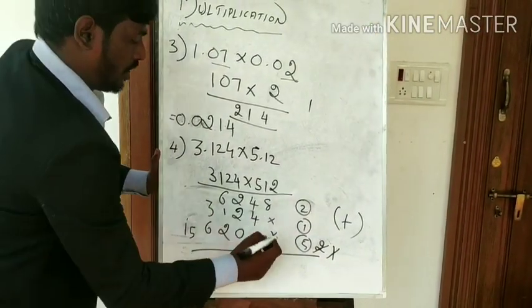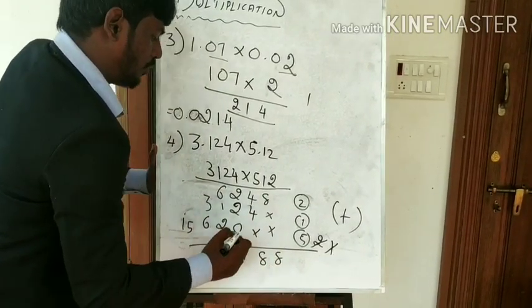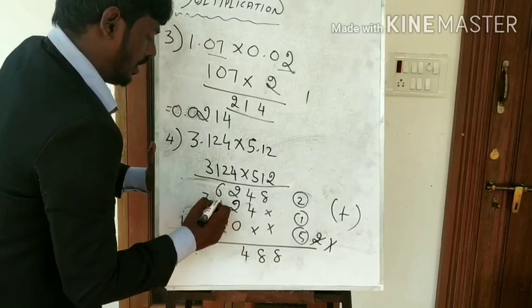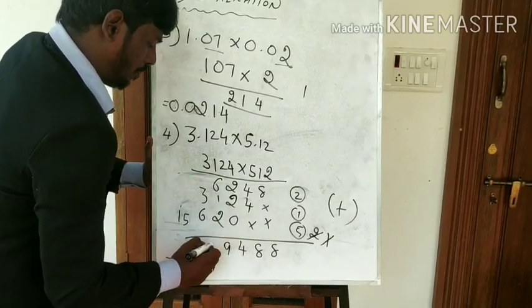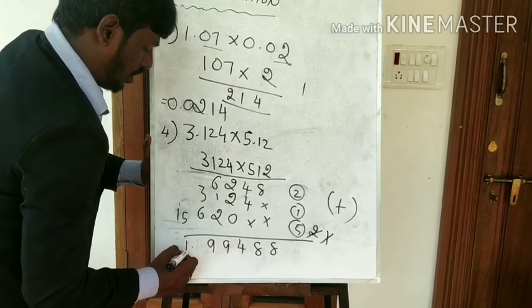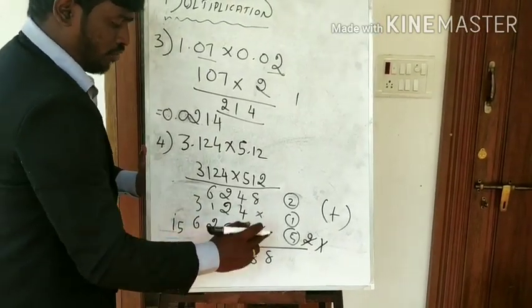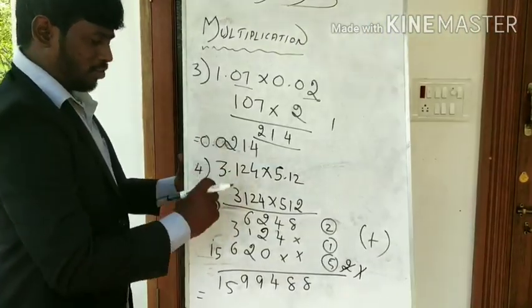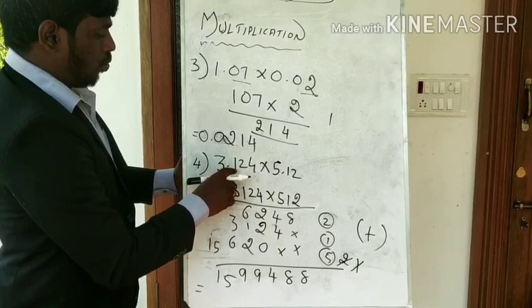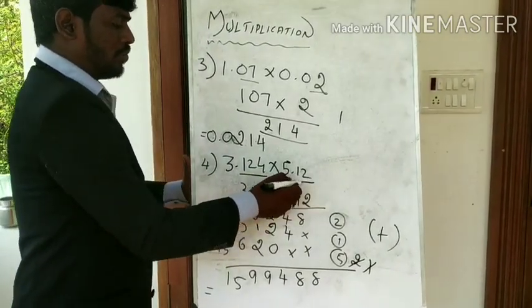Listen, my dear. 8. 4 plus 4, 8. 2 plus 2, 4. 6 plus 1, 7. 7 plus 2, 9. 3 plus 6, 9. And 1, 5. 1, 5, 9, 9, 4, 8, 8. I am going to keep the point. Now see the question. How many points are here? 1, 2, 3. 3 decimal places here and 2 decimal places here.